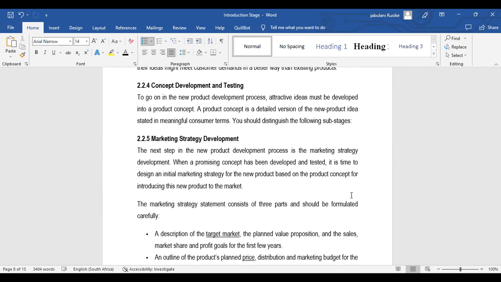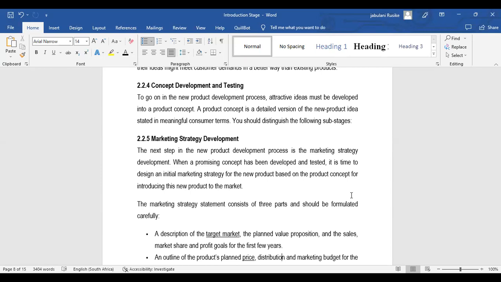So once the product testing is successful, then you try to come up with that market strategy. How are you going to penetrate the market as a whole by using that product? So that's when you think about the marketing mix. The marketing mix, which is your product, your price, your place, your promotion. For the product strategy, you are looking at the quality and the features.